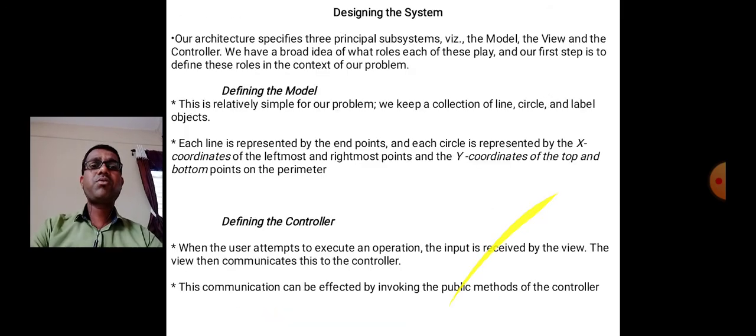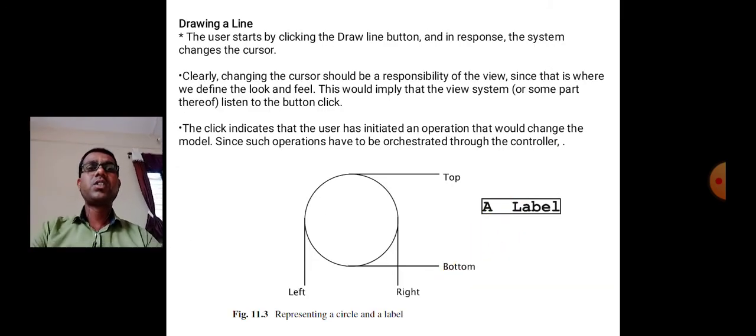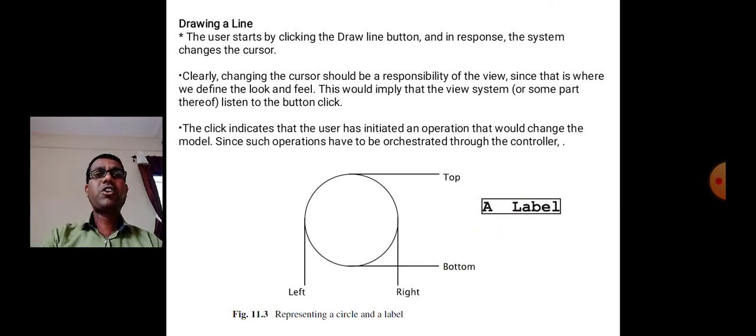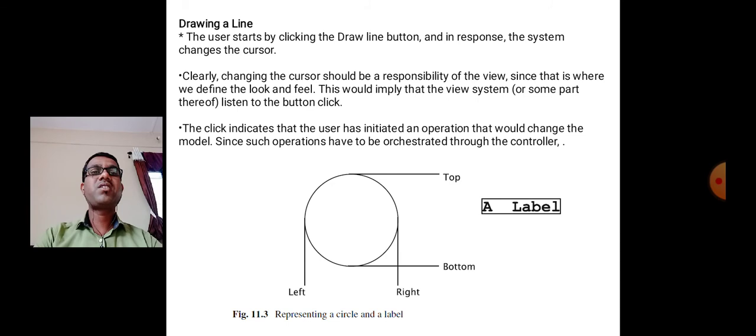Suppose we are drawing a line. The user starts by clicking the draw line button, and in response the system changes the cursor. Clearly changing the cursor should be the responsibility of the view, since that is where we define the look and feel. This will imply that the view system or some part thereof listens to the button click.